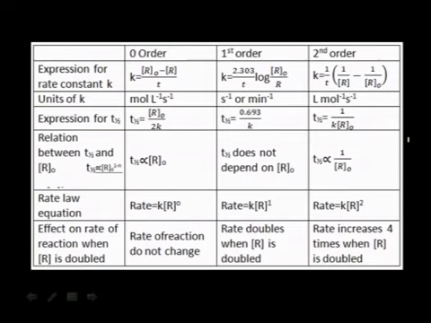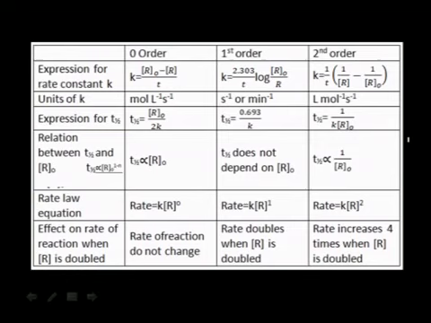The rate law equation for zero order is rate equals K R to the power 0, for first order rate equals K R to the power 1, and for a second order rate equals K R to the power 2. For a zero order reaction, when you double the concentration of reactant, the rate of reaction remains unchanged.